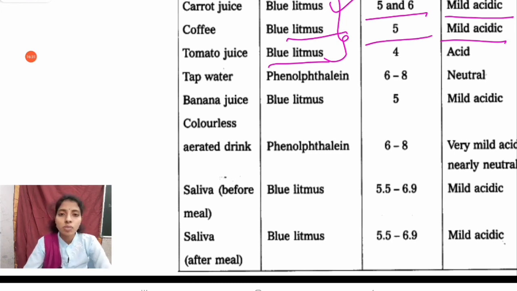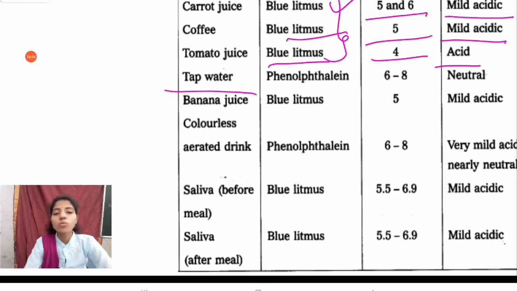The blue litmus paper changes into red or orange, or sometimes it will show light yellow. So here the blue litmus paper changed into orange. The pH value is 4 here. So this is an acid. That means we can say this is a strong acid.